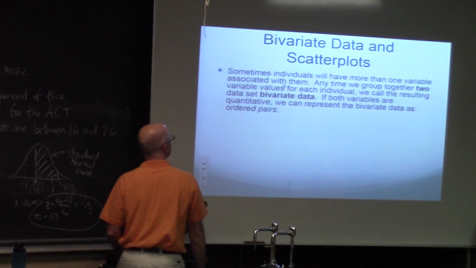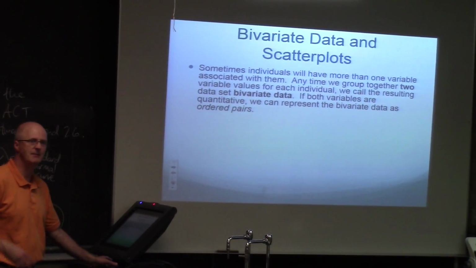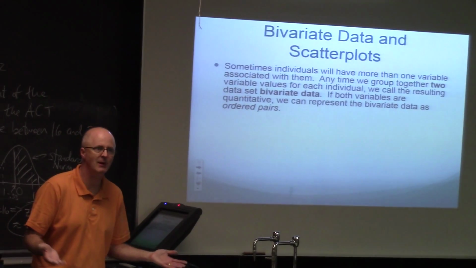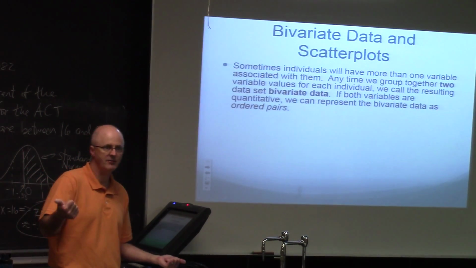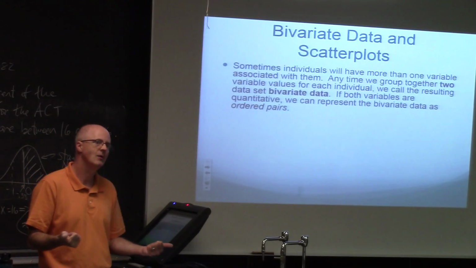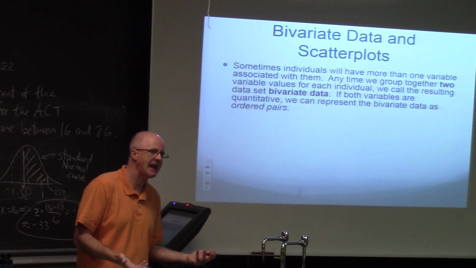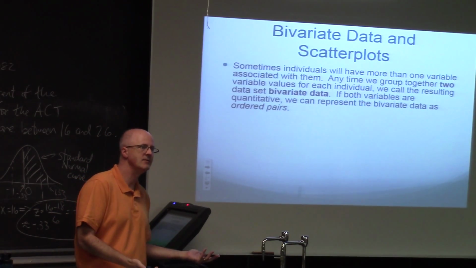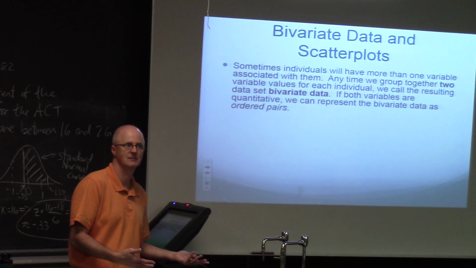Sometimes individuals will have more than one variable associated with them. For example, if you're all my individuals, you have lots of variables associated with you. What's your sex, male or female? What's your age? What's your height? What's your weight? What's your GPA? Where do you live? Some of those variables are quantitative, some are categorical.